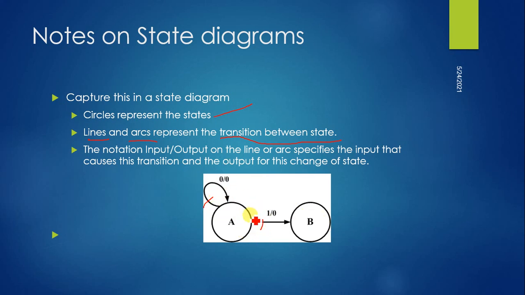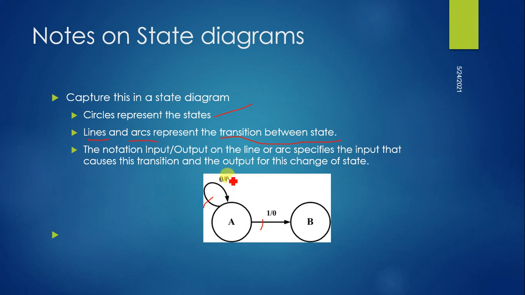Generally arcs are drawn from the same state to itself, and lines are drawn from one state to another state. Notation: the input and output on the line or arc specify the input that causes the transition and the output for the change of state.